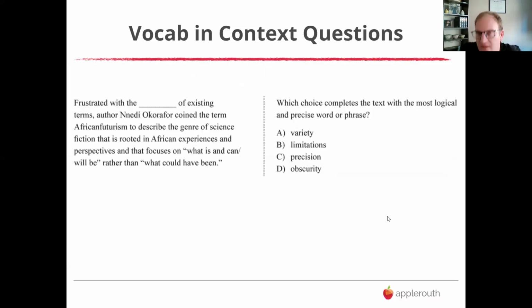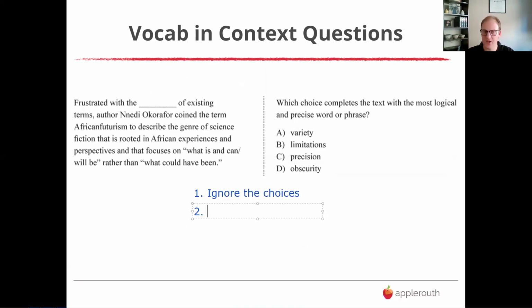So here's the first question type you will always see. And here is the strategy that I recommend. Step one is going to be ignore the choices. That's going to be counterintuitive, but for vocab questions, you're best off by predicting the word or phrase that you think will fit best. Then sometimes we have that down, right?